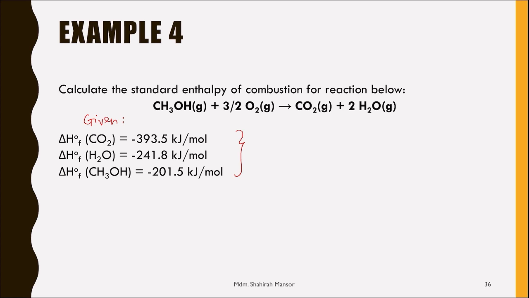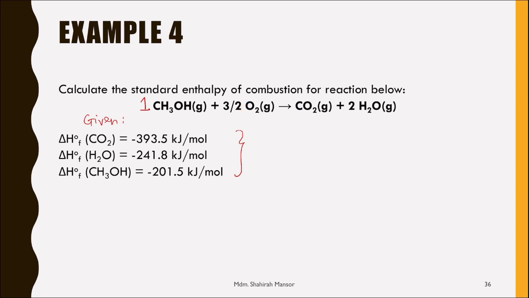Like in this question, since you know that this equation is a combustion equation, you are now able to find the standard enthalpy of a specific reaction, that is combustion. According to the previous slides, you have seen the definition of standard enthalpy of combustion, which refers to 1 mole of substance burned in excess oxygen.